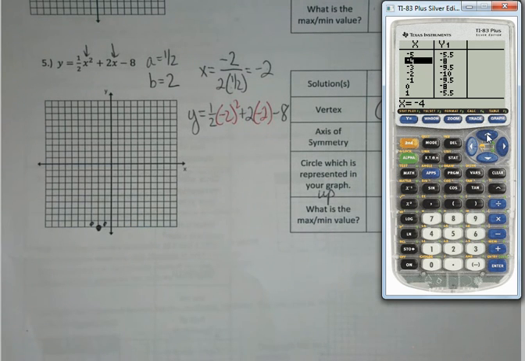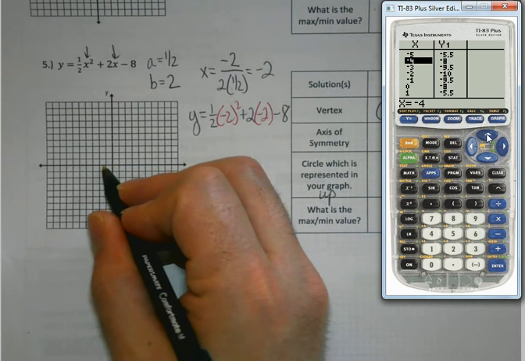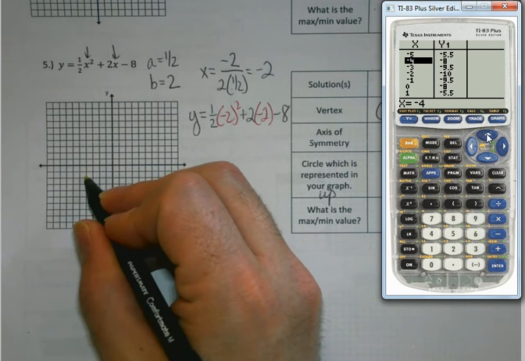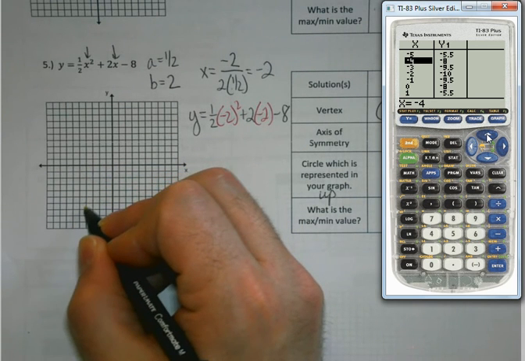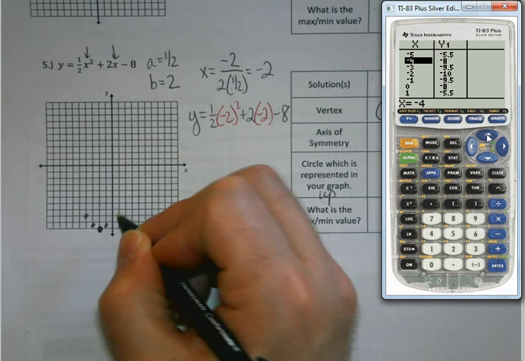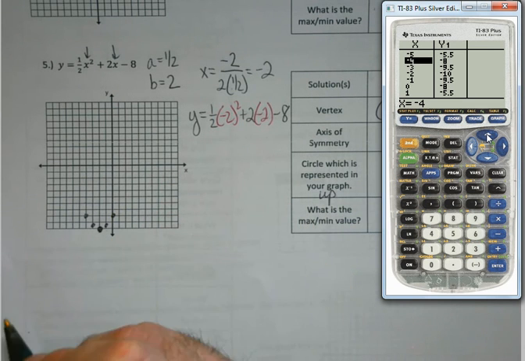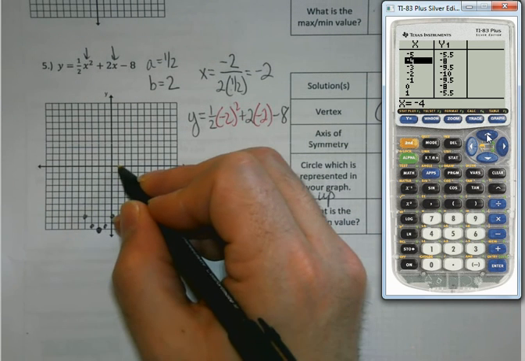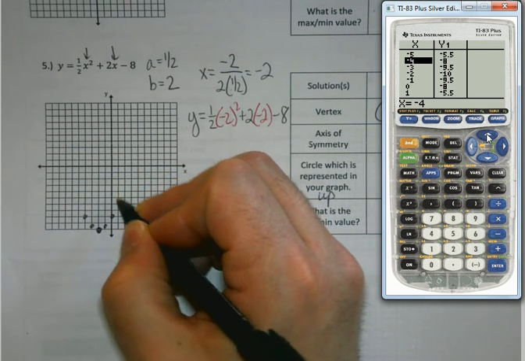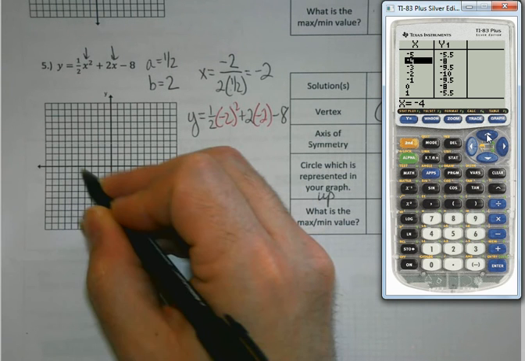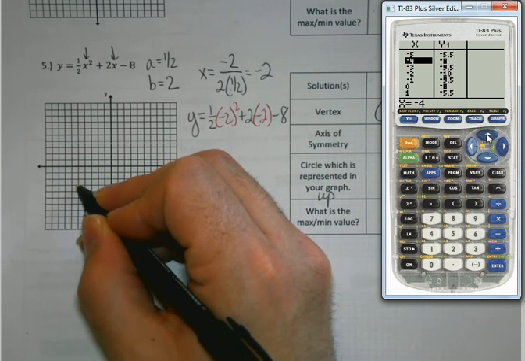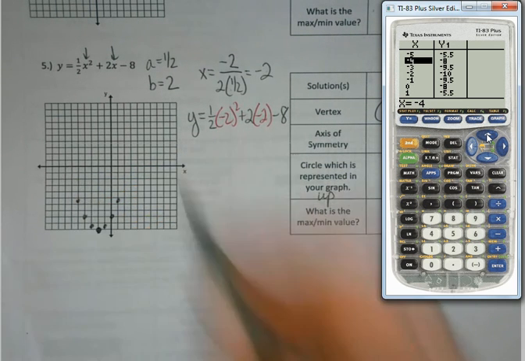For -4, I'm at -8. And also at 0, I'm at -8. And at 1, I'm at -1, 2, 3, 4, 5.5. And at -5, I'm at 1, 2, 3, 4, 5, -5.5.